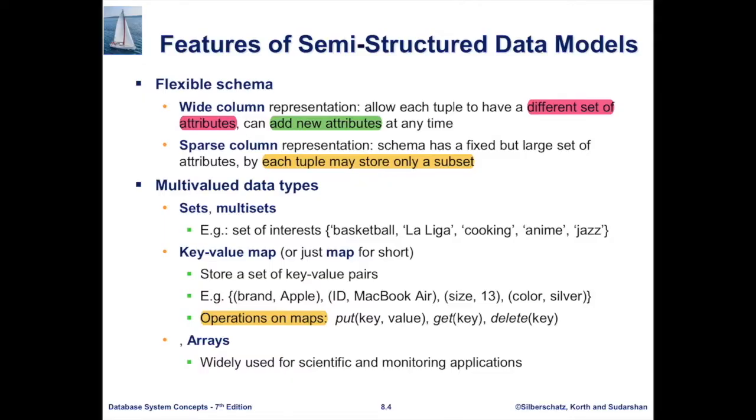So, yung mga multi-valued data types, dito pumapasok yung mga sets and multi-set representation. What is important is instead of creating a new table, we can just store the contents in a list.